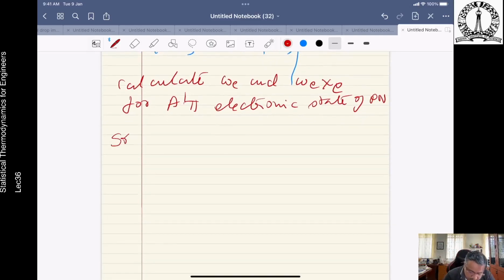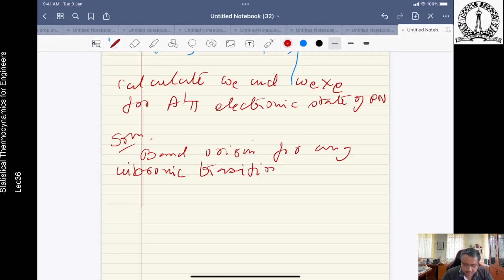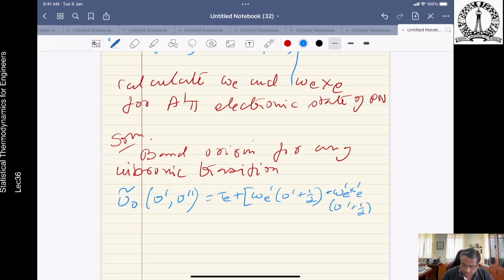The solution is like this. The band origin for any vibronic transition is given as follows. Just follow the steps.